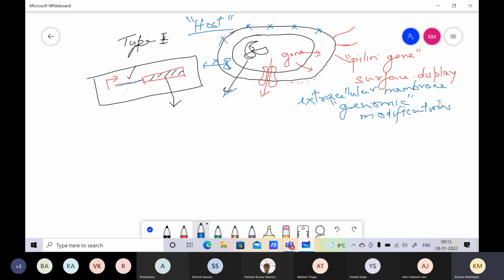Now, for that, the standard method is, if you do not know the answer, create a pool of genomically modified hosts. How do you create such a pool? It's very easy. You can always create a pool of genomically modified hosts by random mutagenesis.